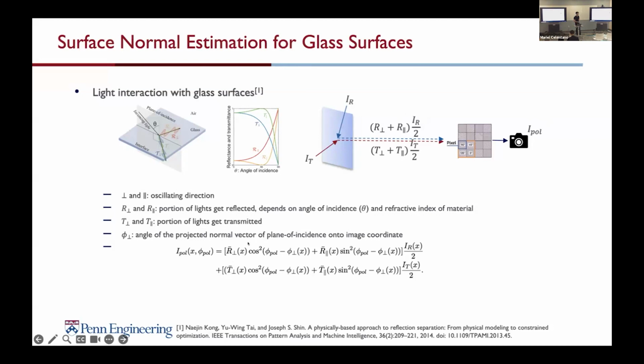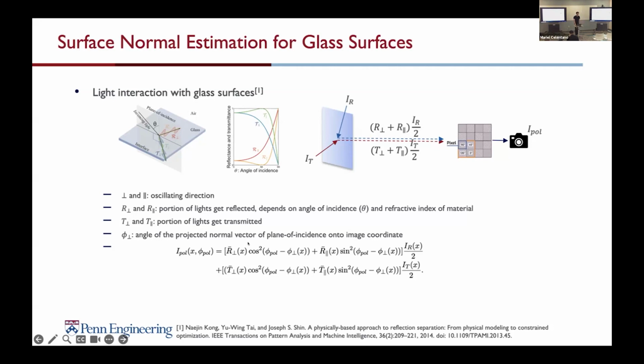This is purely physics-based, and the takeaway is that with access to IR, the light intensity before reflected, and IT, the light intensity before transmitted, plus angle of incidence, refractive index of materials, and phi perpendicular, we can calculate the theoretical polarization intensity we would receive on a polarization camera looking at a glass surface.